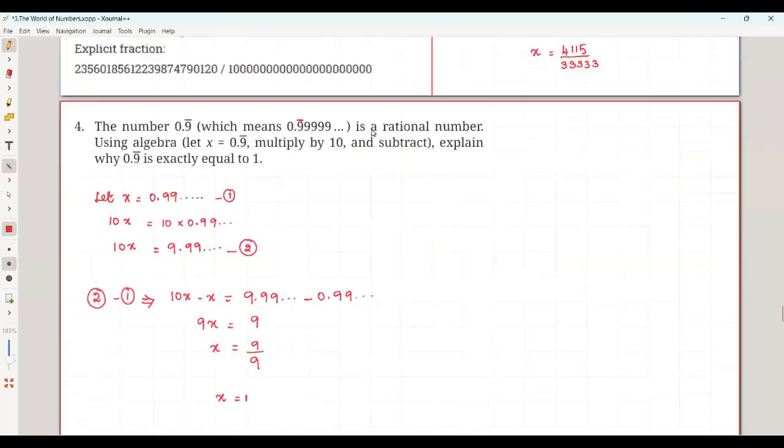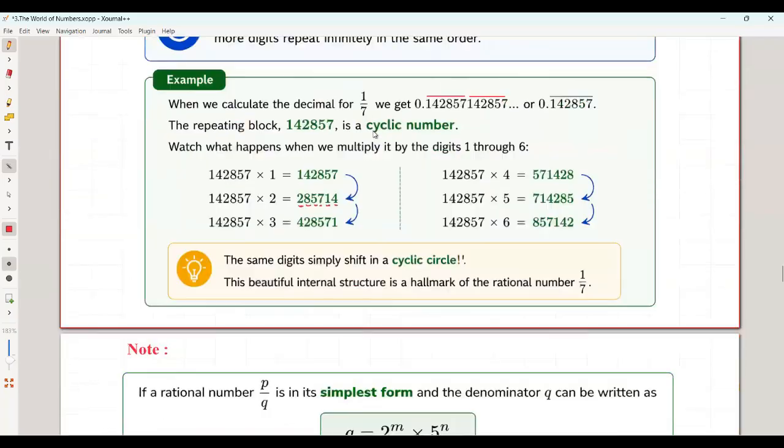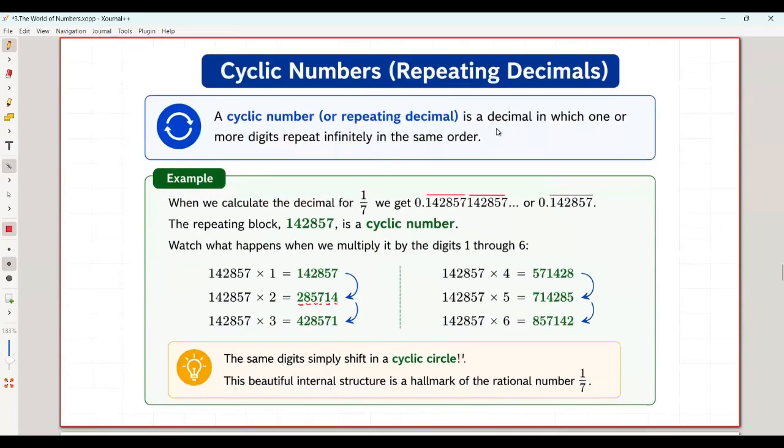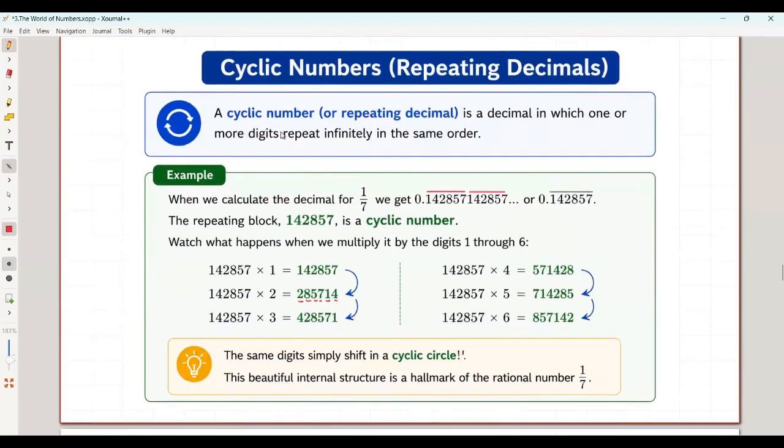Cyclic means the decimal in which one or more digits repeat indefinitely in the same order. 1 by 7 is 0.142857, and again 142857 is repeating in a cycle. That is called a cyclic number.